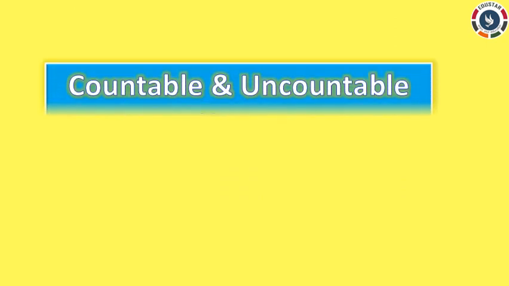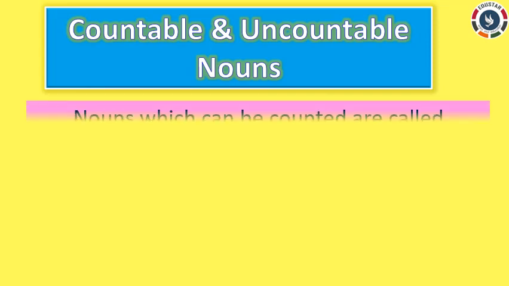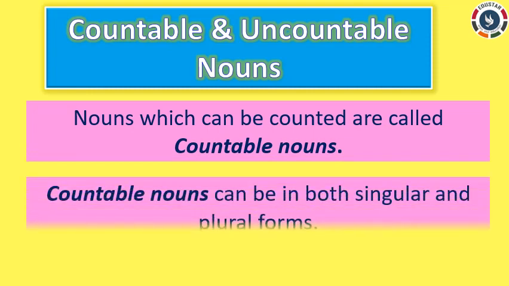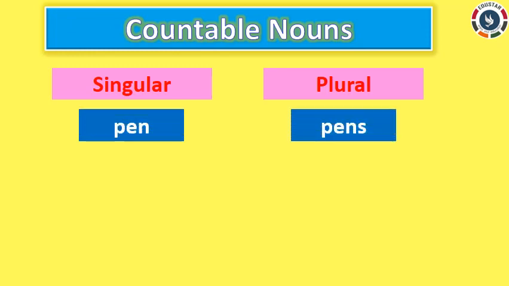Next topic is countable and uncountable nouns. Nouns which can be counted are called countable nouns. Now these countable nouns can be both in singular as well as plural forms. And for these countable nouns, we can use the above rules and form the plural forms. For example, the plural of pen is pens.